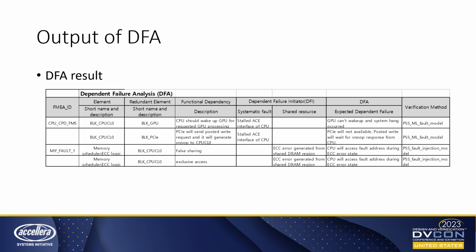Using previous FTR reports, finally, like this table, we can get the DFA result from our process. So it shows the FMEA ID in one column, and the DFA element and redundant element are described here, and the functionality and the DFI information are also written in each column.